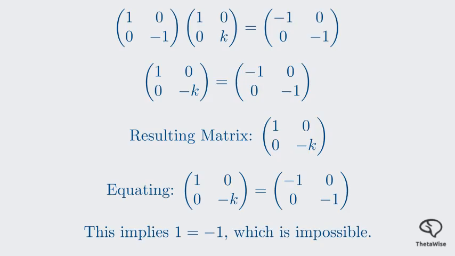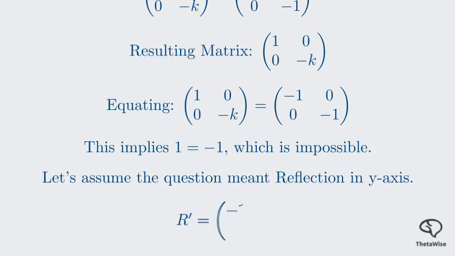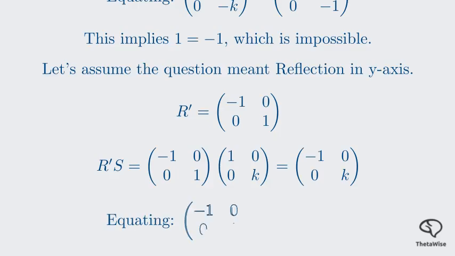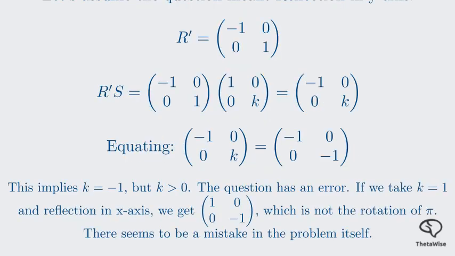Equating this to the rotation matrix, we see that 1 must equal -1, which is impossible. This means the question statement is incorrect. A vertical stretch followed by a reflection can't be equivalent to a rotation of pi. Let's assume the question meant a vertical stretch followed by a reflection in the y-axis, for which the matrix is (-1, 0; 0, 1). If we use a reflection in the y-axis, the composite matrix is (-1, 0; 0, k).